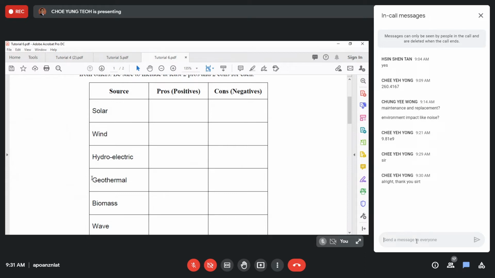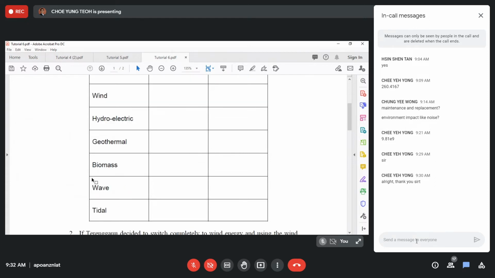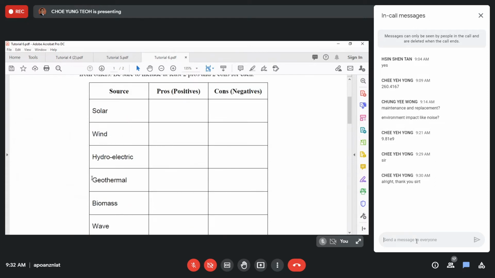But remember, the advantage you give must be unique, which the other types of renewable energy do not have. For example, yes, solar energy is renewable, but all the resources here are renewable. So don't use renewable as the title or as an answer in this case.